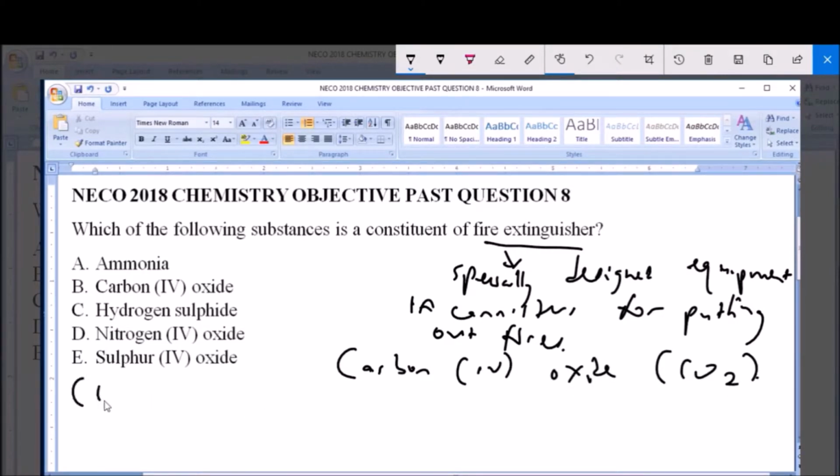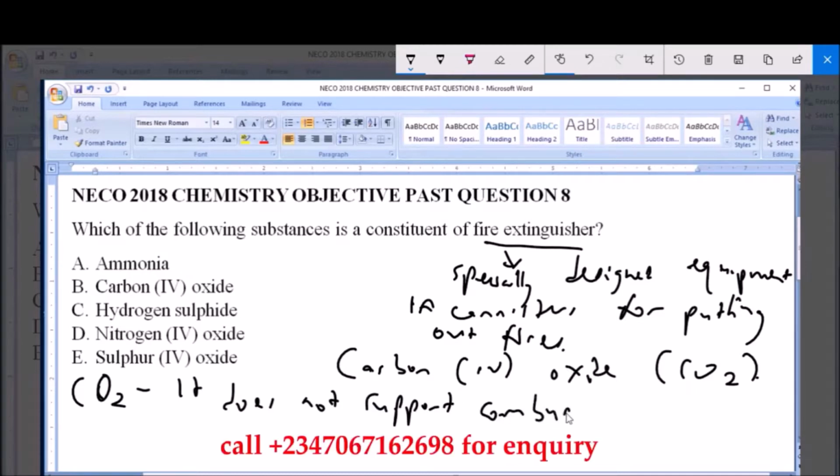Now, CO2 is used as a constituent in fire extinguisher because it does not support combustion or burning. Combustion is also known as burning.